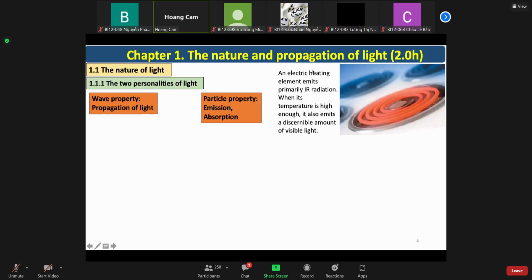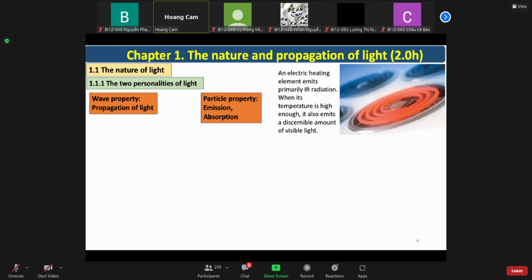So at first, this will emit the IR radiation. So IR means infrared. So infrared, the wavelength is longer than the red here. So that's what we call the infrared.